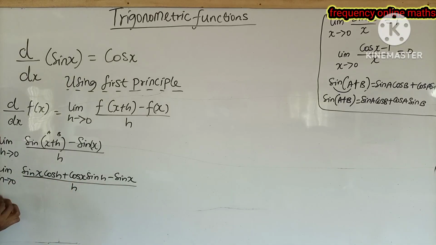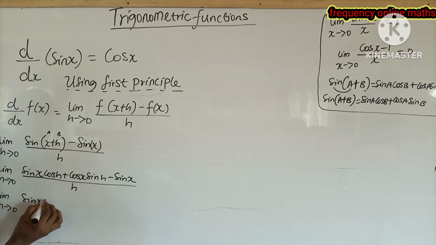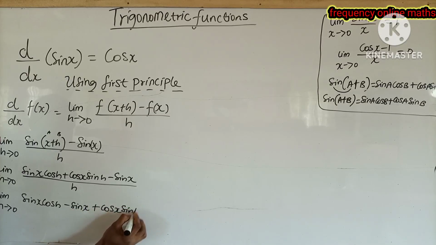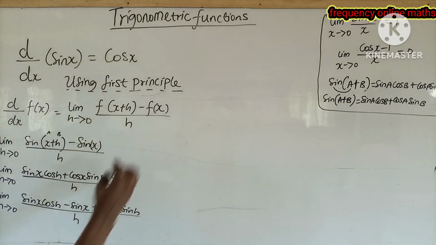We can say this is sine x cos h minus sine x, so that it can be factorized, plus cos x sine h, all over h.